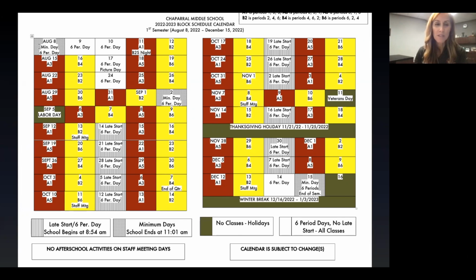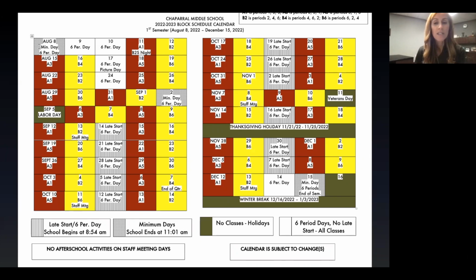And what that means is your child will be in their first period class at 8 a.m. and then proceed to their second, then third, fourth, fifth, and end in their 6-period class, meaning that your child will be dismissed at 11:01 a.m. That also means that your child will go home with you and there will not be lunch served here after school due to the dismissal time.